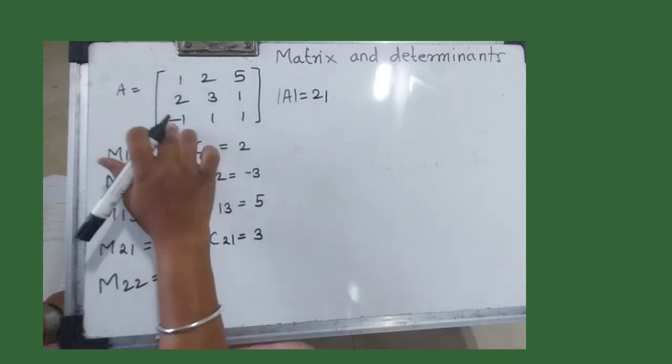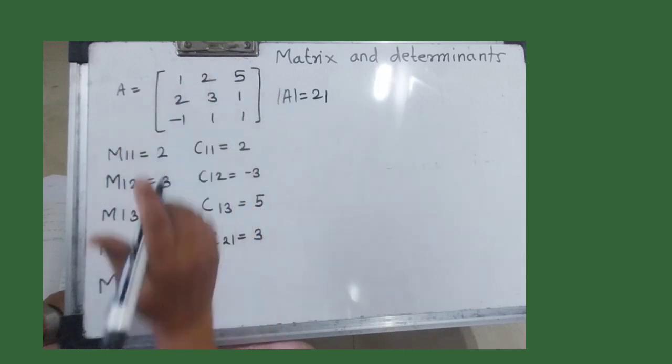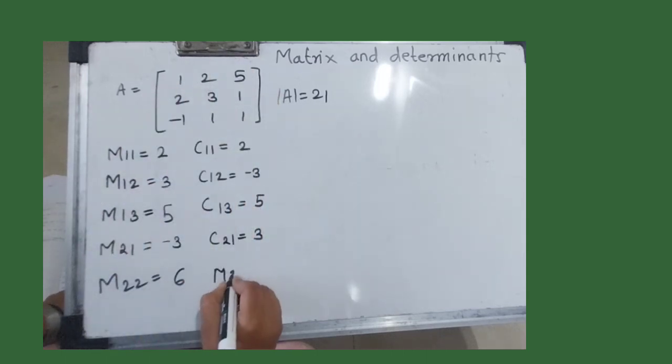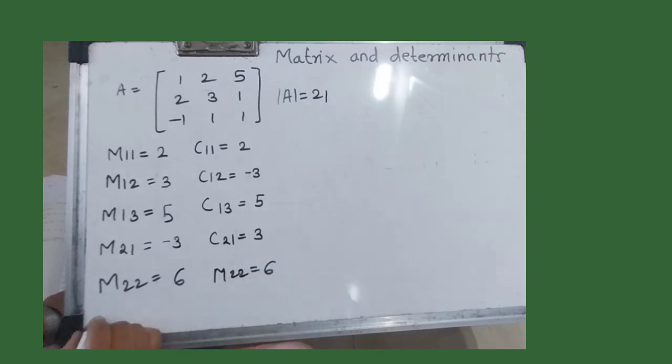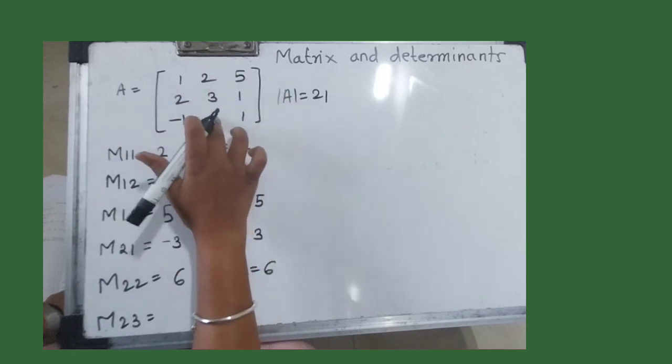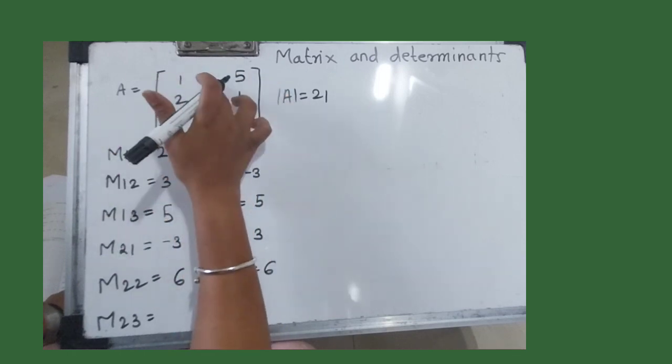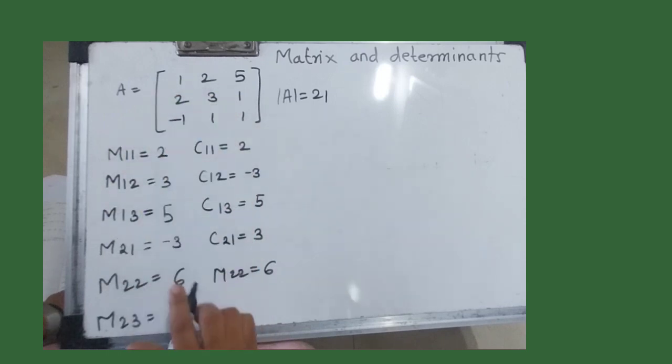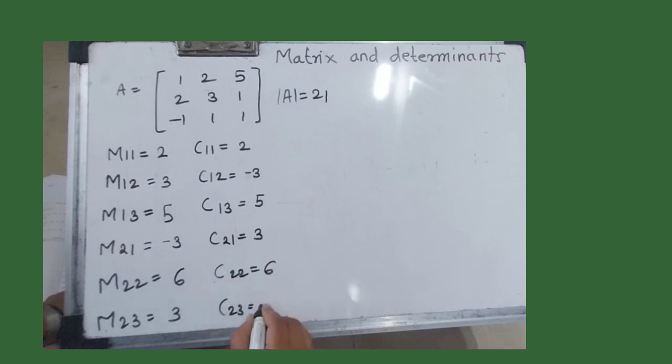So 1 minus minus 5, it is 6. Don't change the sign, keep as it is. M23, second row, third column. So 1 minus minus 2, so it is 3. See here, C23, it is minus 3.